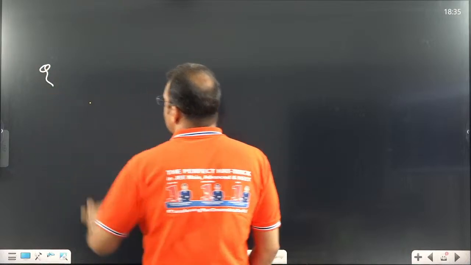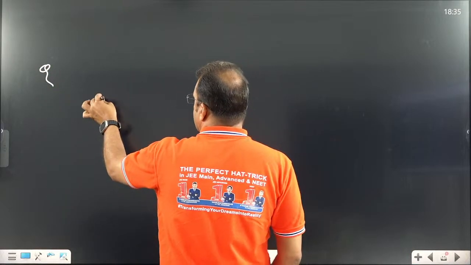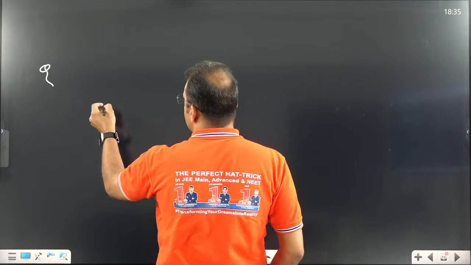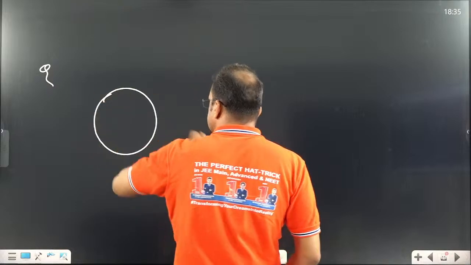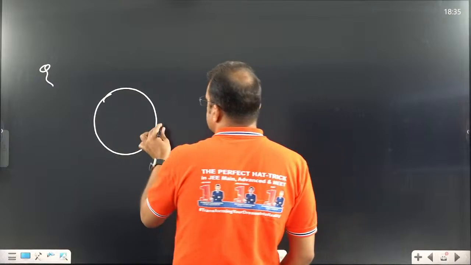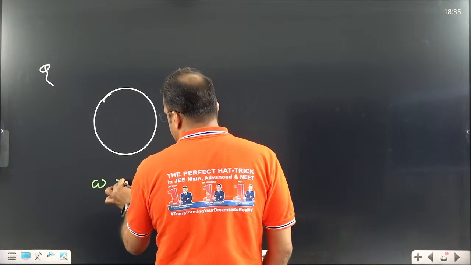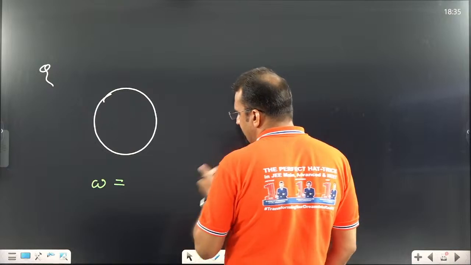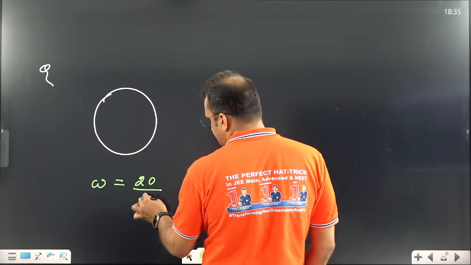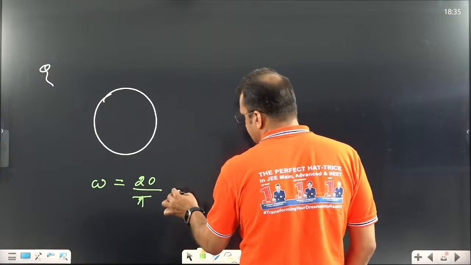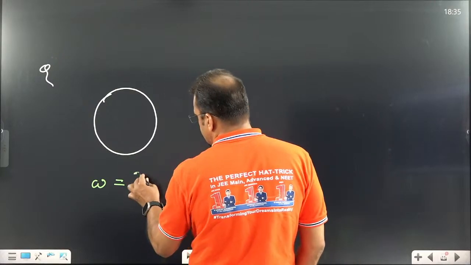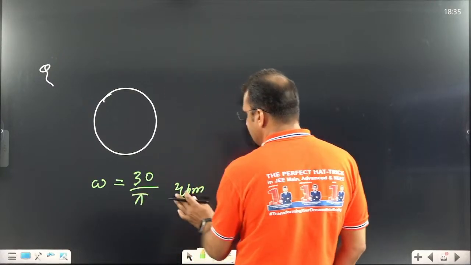Okay, dear student, I am giving you one question on the same concept. Tell me fast. One circular motion is given, yes or no? Its value of omega is given as 30 divided by pi RPM.